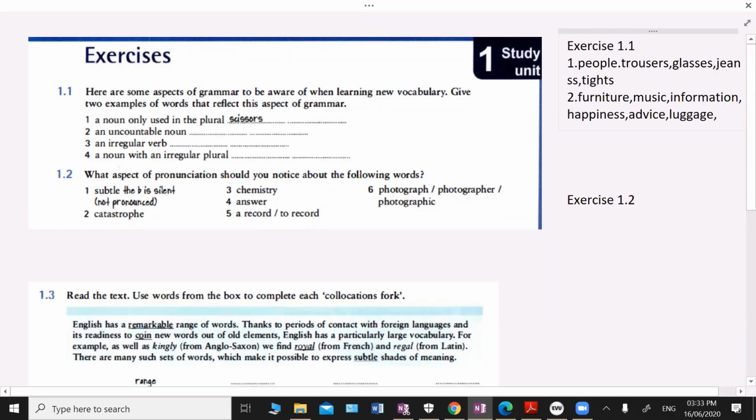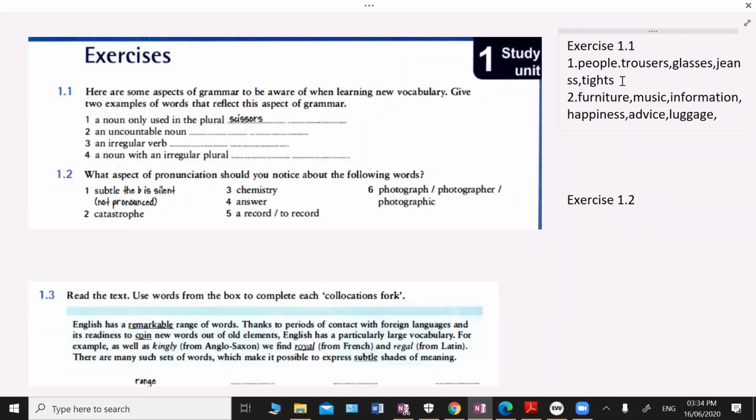So you can also search and get more examples. Thought is no, thought can be one, thoughts can be plural. Furniture, music, information, happiness, advice, luggage. These are good examples.